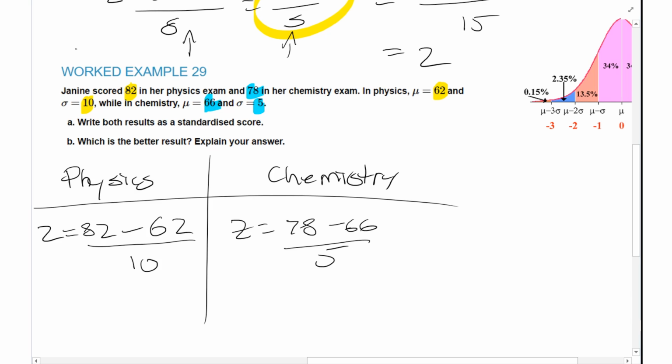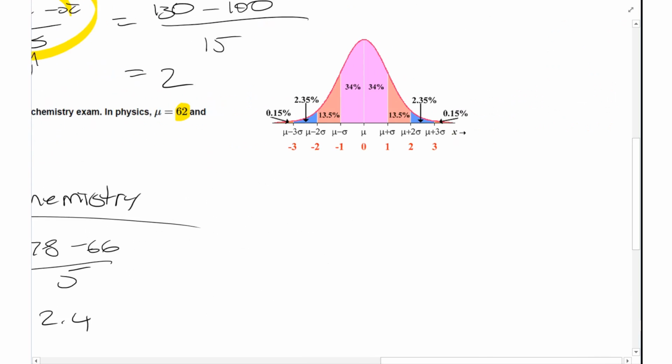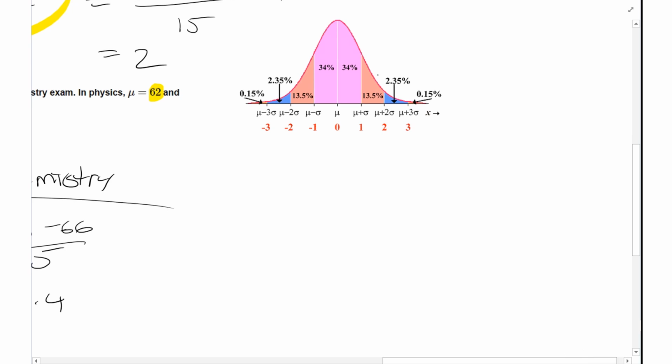And that's going to give you a value of 2, and a value of 2.4. Now remember, if you looked at something like this, 2 would be here. So relative to everybody else in the class or the cohort, she's better than 97.5%, but 2.4 is somewhere up here, so she's doing better than that.